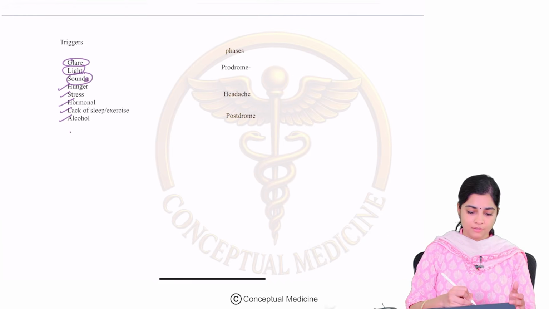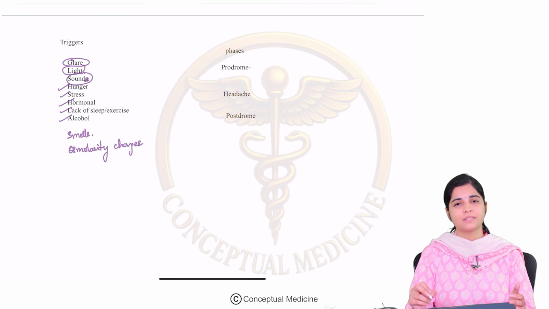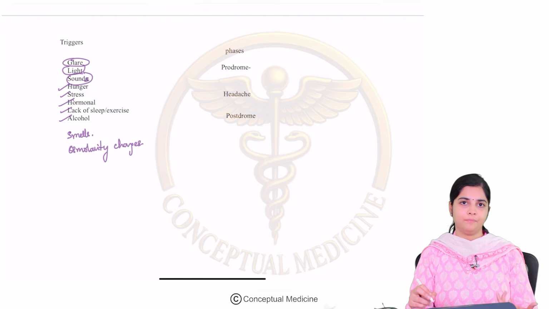Many of the patients also have high sensitivity to different types of smells and even osmolarity changes. Osmolarity changes means that if there is a slight disturbance in the total body volume, then they can have migraine.